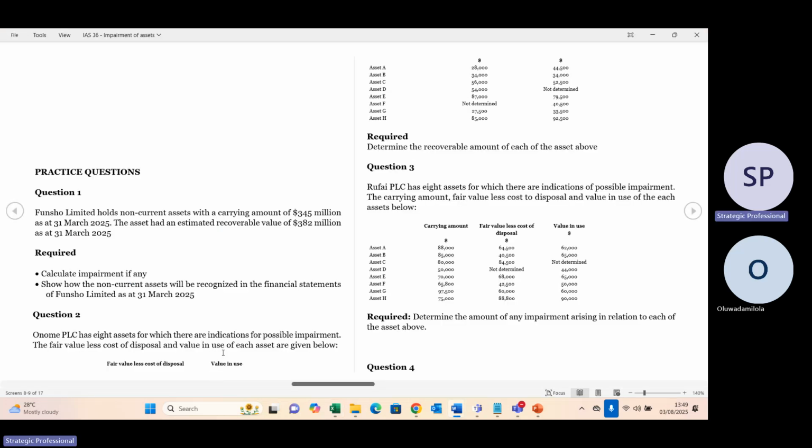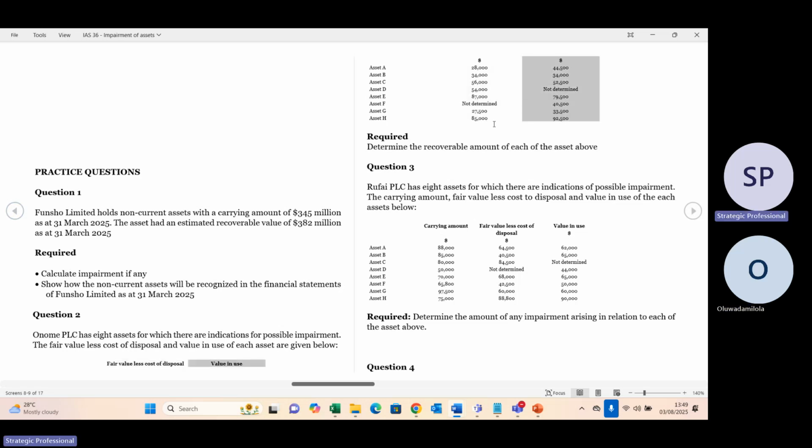Illustration 2 says Onome PLC has 8 assets for which there are indications of possible impairment. The fair value less cost of disposal and value in use of each asset are given below. You can see the fair value is this first one here, and the value in use is this one here.